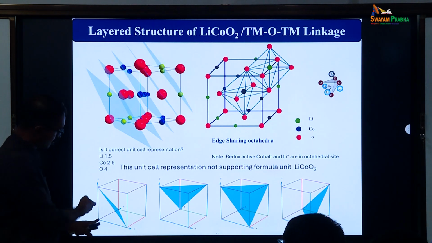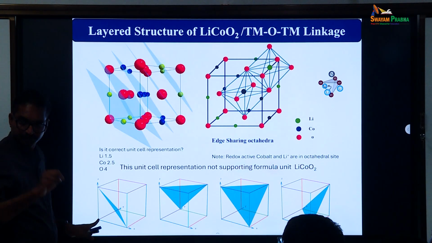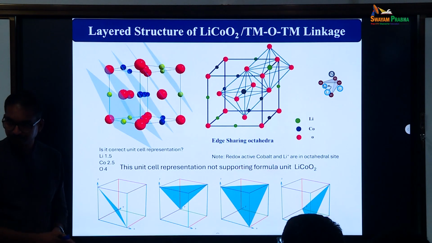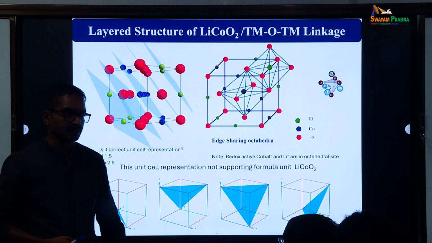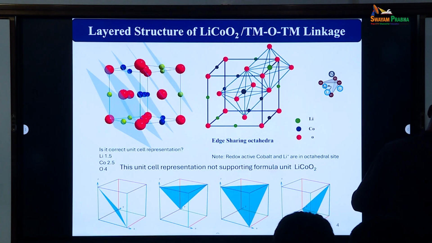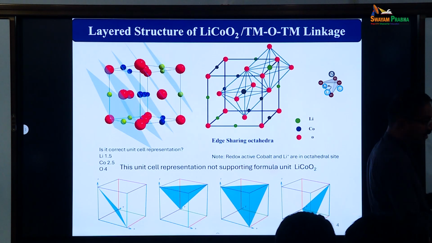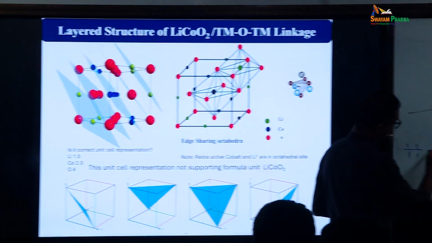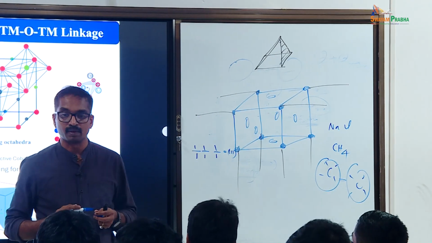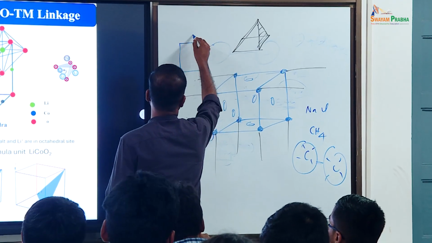Suppose I have something like this. What is this plane? This is my origin now. I travel 1 unit along here, 1 unit along here. I am making my plane parallel to the z-axis, which means it's not cutting.